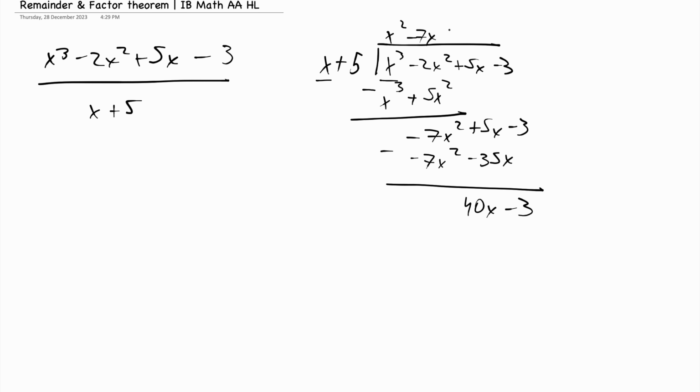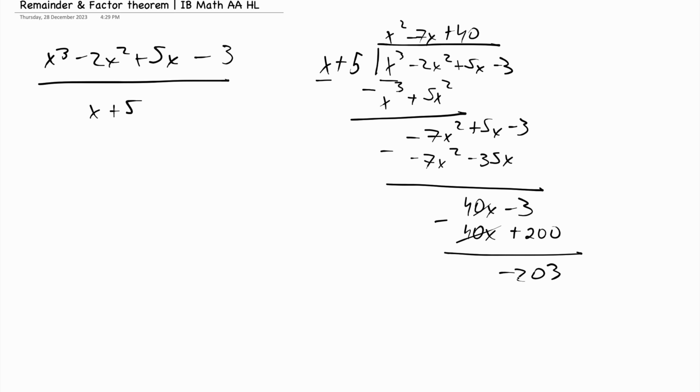Divide the x's. It's going to be plus 40, then 40x plus 5 times 40 is 200. So 40x and 40x cancel off, and we are left with negative 3 minus 200, which is minus 203.